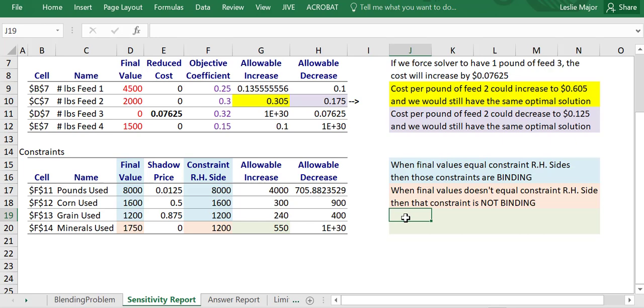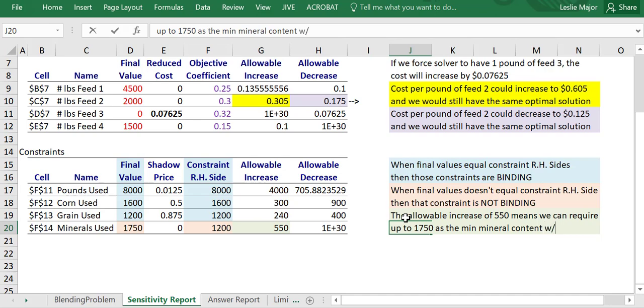So the allowable increase of 550 means we can require up to 1,750 as the minimum mineral content without changing the optimal solution.